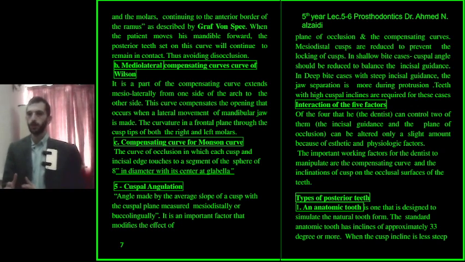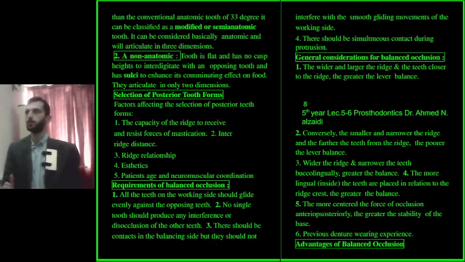When the cusp incline is less steep than the conventional anatomic tooth of 33, it can be classified as a modified or semi-anatomic tooth. It can be considered basically anatomic and will articulate in 3 dimensions.